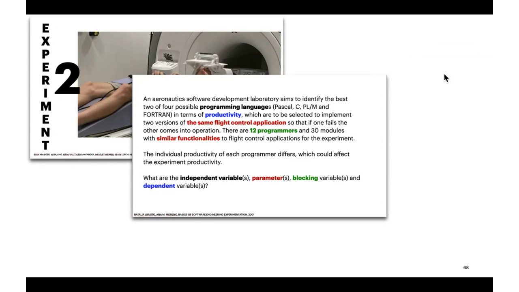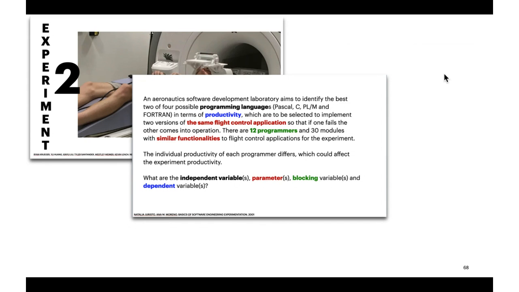Two types of variables play an additional role, and they can intervene in the relation between your independent variables and dependent variables. Those are parameters and blocking variables. Parameters are things you can influence by fixing them. For instance, you can only consider non-native speakers or only native speakers in the fMRI study. In the aeronautics example, we are talking about 30 modules with similar functionalities, and the same kind of application.